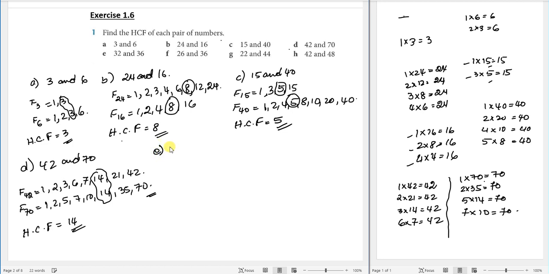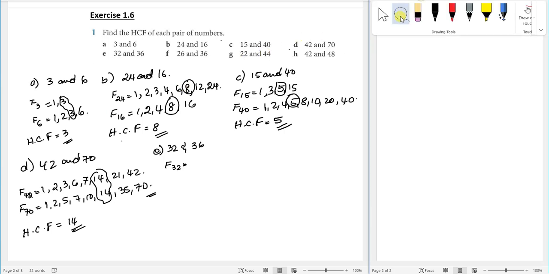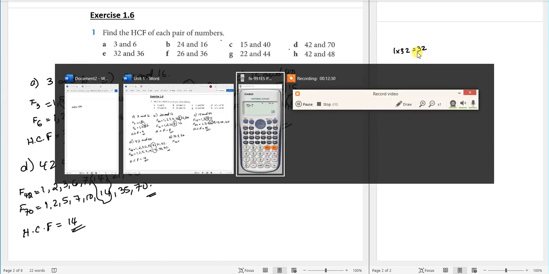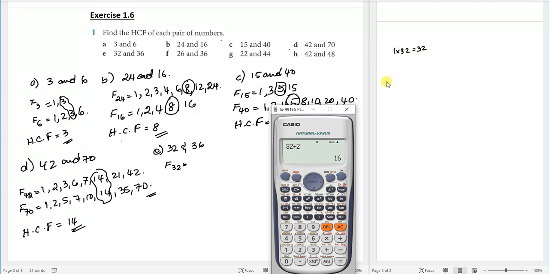Okay, question E, 32 and 36. So F32 is equal to 1 times 32 is equal to 32. 32 by 2, 2 times 16 is equal to 32. 32 by 3, not possible. 32 by 4 is 8, so 4 times 8 is equal to 32. 32 divided by 6.